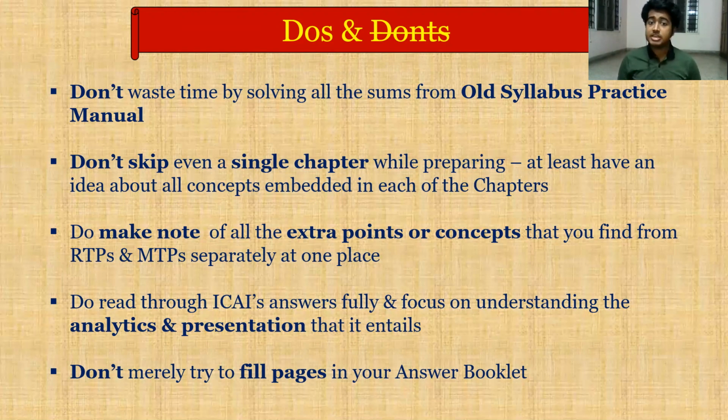Next, do not skip even a single chapter, guys. Trust me, it is very, very important to be able to cover every single chapter in this particular subject at least, because you never know the kind of proportion of marks that is allocated for each of the subject. Again, for instance, if you pick up the past few attempts, there have been papers or attempts wherein just 2 chapters or 3 chapters have covered a huge portion of the marks.